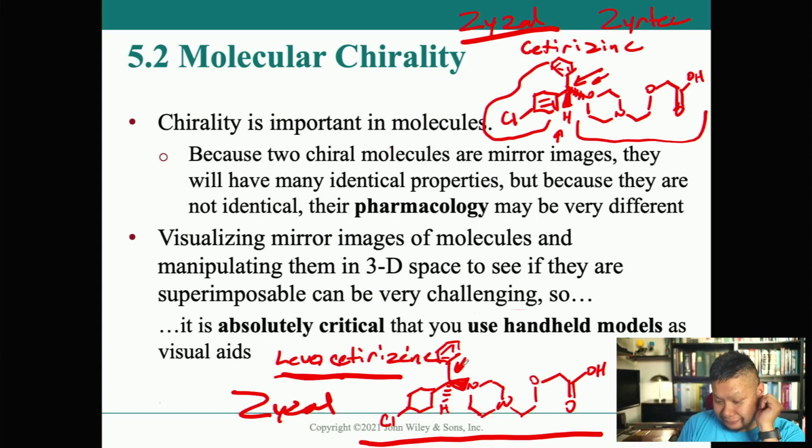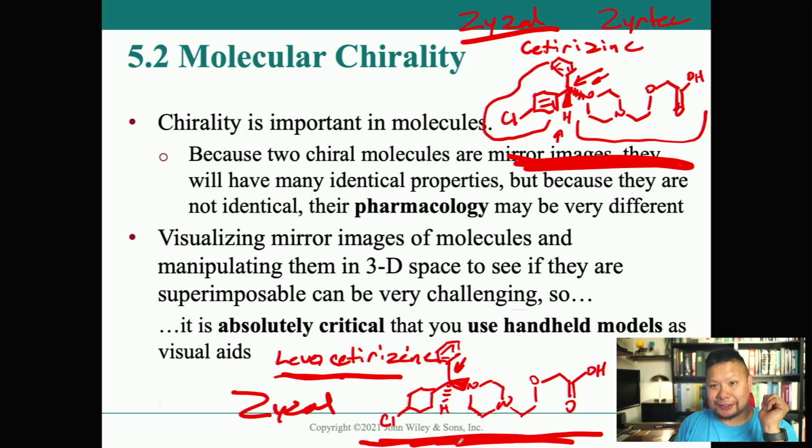But for me, and maybe for other people too, this isomer makes me sleepy. But this isomer does not make me sleepy. So I'll take Xyzal over Zyrtec anytime because I don't need to be sleepy in the middle of the day because of allergies and I'm taking allergy meds, right?